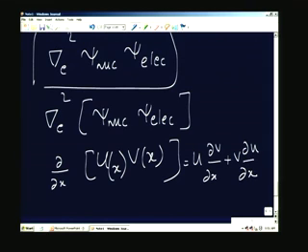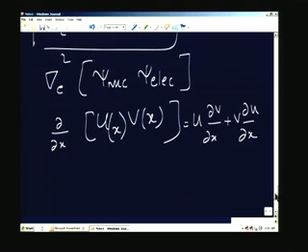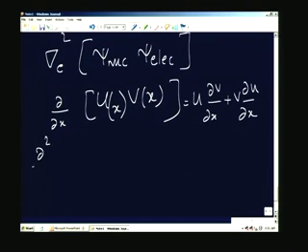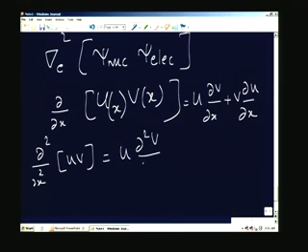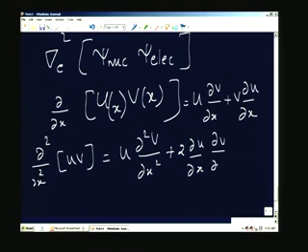Two terms are there from elementary calculus, you know this for partial derivatives, and if you have to do this for the second derivative, dou square by dou x square on uv, you are going to get u dou square v by dou x square plus 2 du by dx dv by dx plus v dou square u by dou x square. So you are going to get the terms which are the derivatives of both these functions.